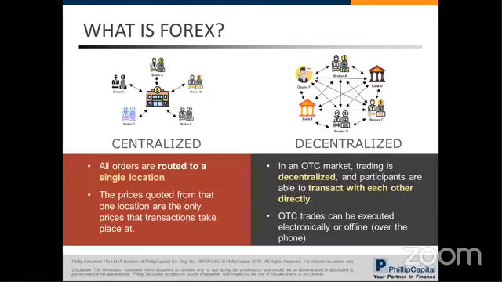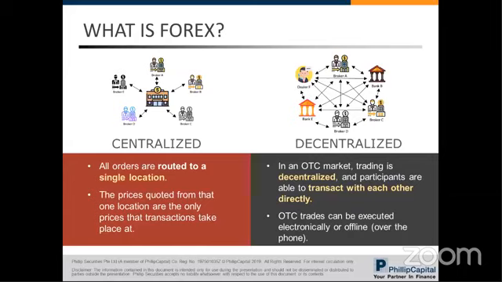To illustrate, a centralized market is like an exchange where you are all routed to the same location. So the price quoted is only the price that takes place on that one single place. However, for the OTC market, it's done between brokers and dealers, and also with banks with one another.